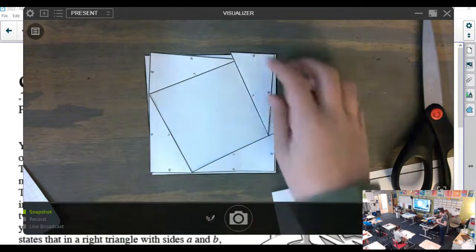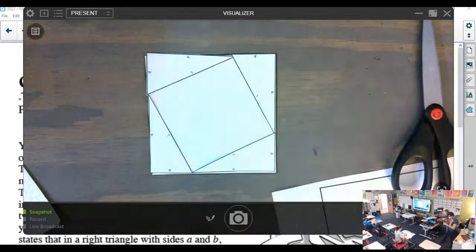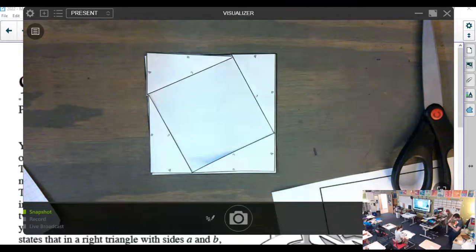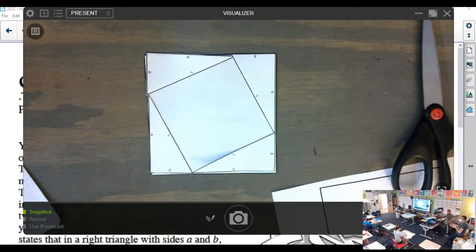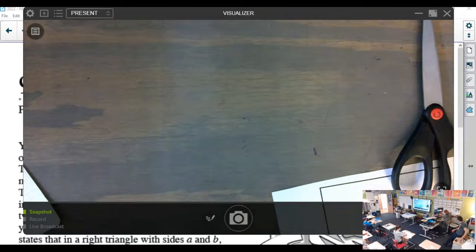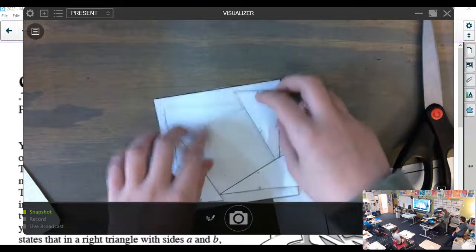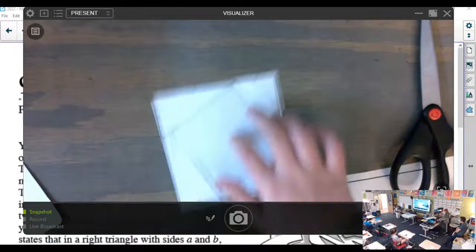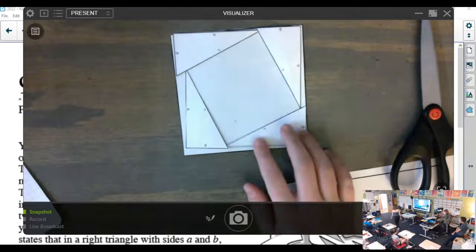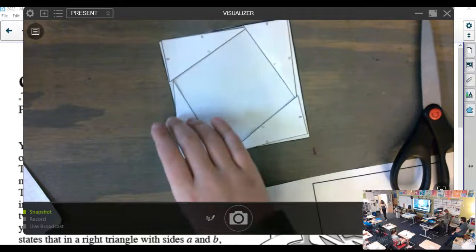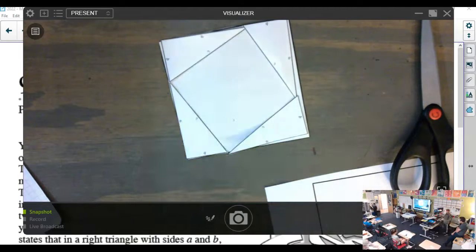How do you think this proves the Pythagorean theorem? It does math. I know how. I can use the one he has. Because it's all the lengths. A square has all the same sides, and these are all the same triangles, because A, B, and C are.